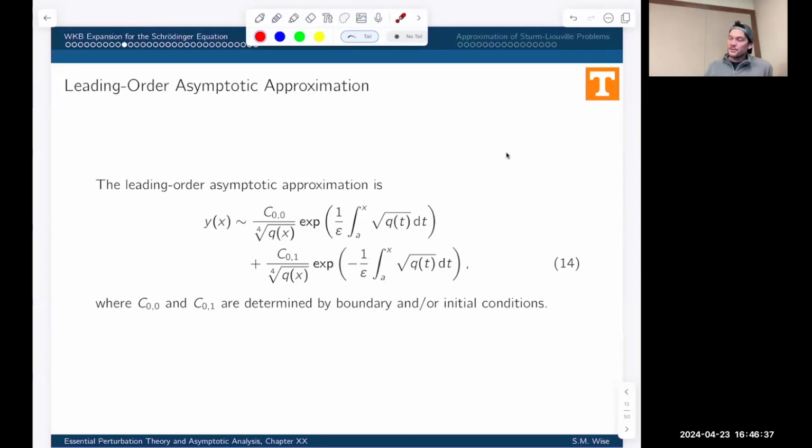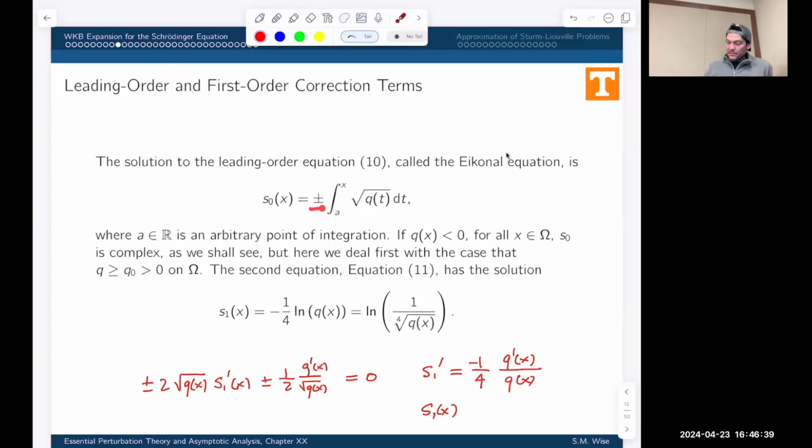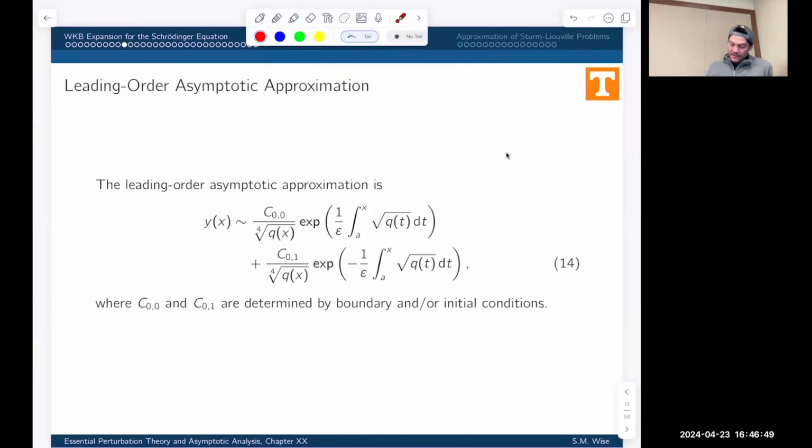So two free parameters, and they came from the fact that we had a plus minus here. Interestingly, we don't get any solution ambiguity here. And there's the leading order asymptotic approximation. This is order one, what is expected to be the order one contribution. So what's missing would be order epsilon if it really can be expanded as a standard power series in terms of epsilon.